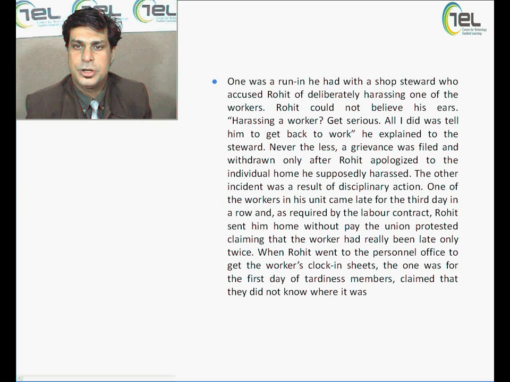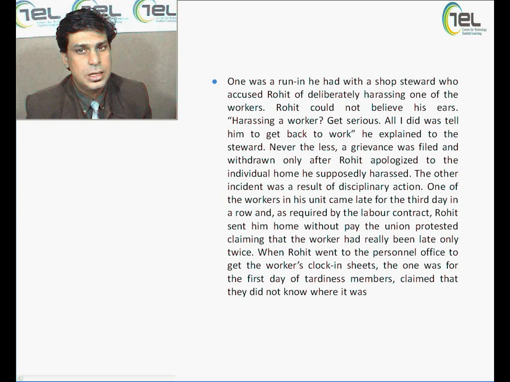He tells a worker to get back to work, which is presented as harassment, and he has to apologize to the person for harassing. In truth, he has not done that. He has only advised the person to get back to work.